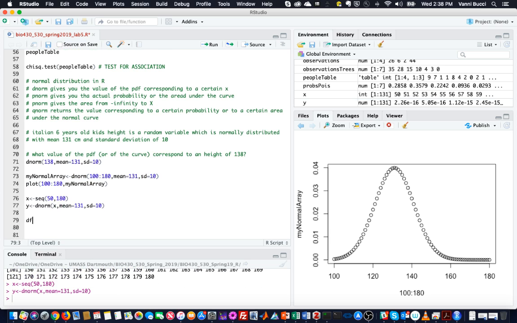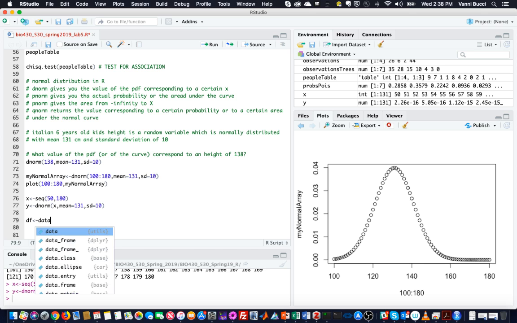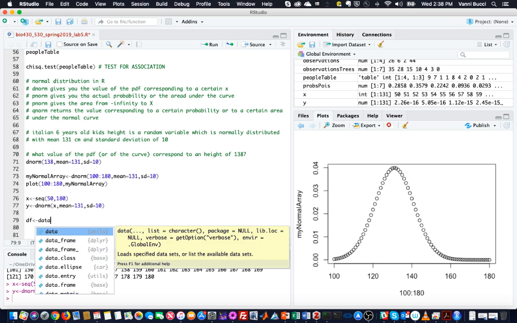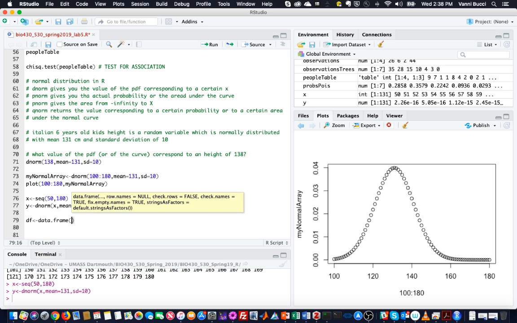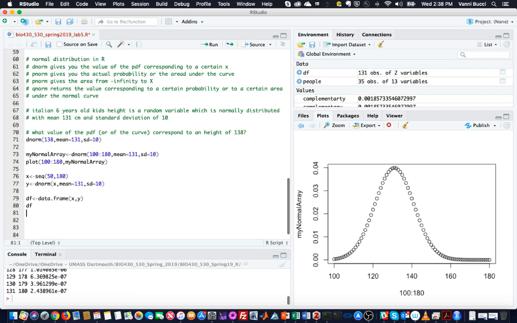I can call df data frame x comma y. Let's look at df.